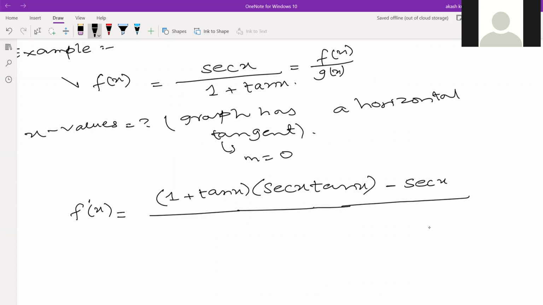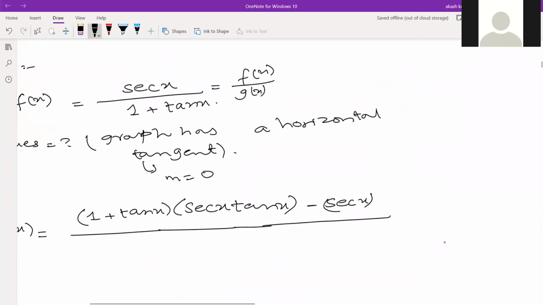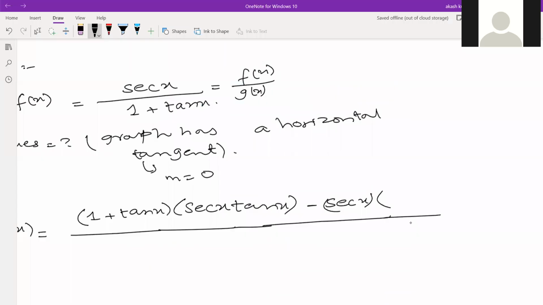Sec x will be as it is, and we will be taking the derivative of 1 plus tan x. The derivative of 1 is 0. Now we have to find the derivative of tan x. Let's get back to the book. The derivative of tan x is sec squared x, right? Yes. Okay. And we have 1 plus tan x whole squared in the denominator.